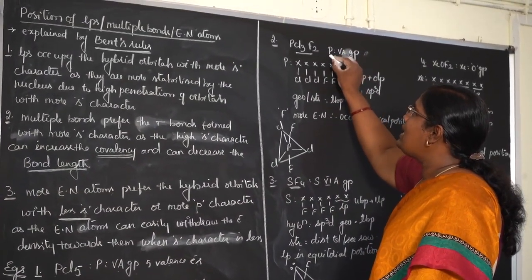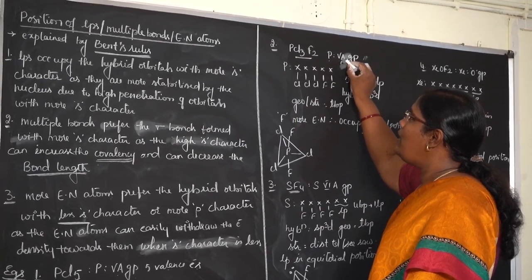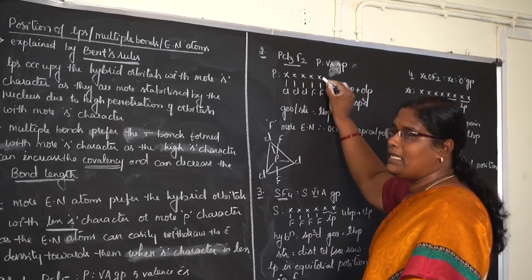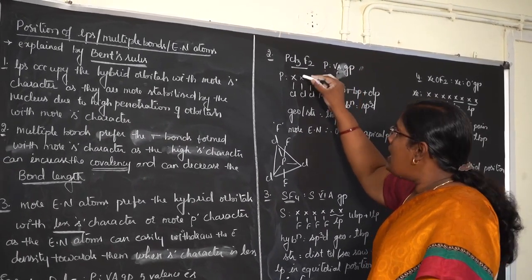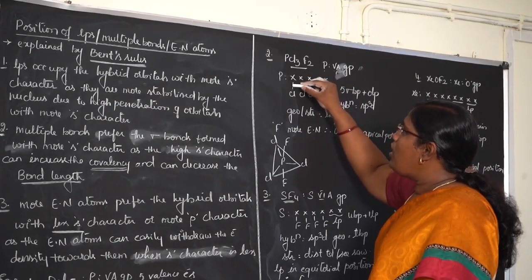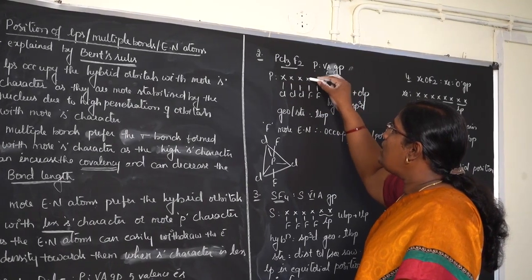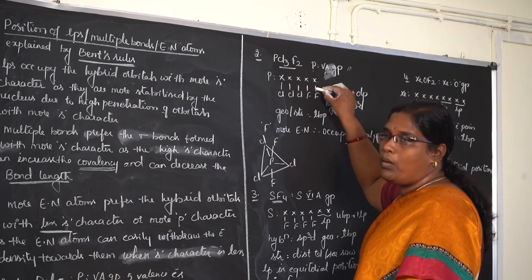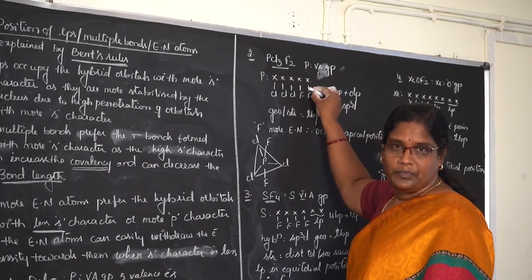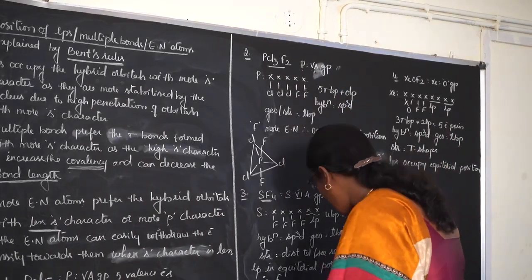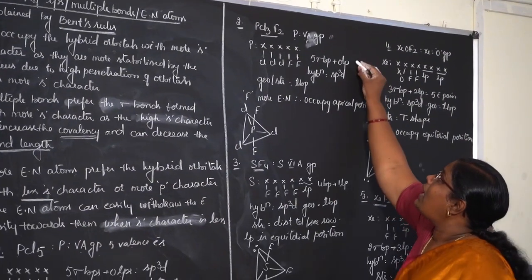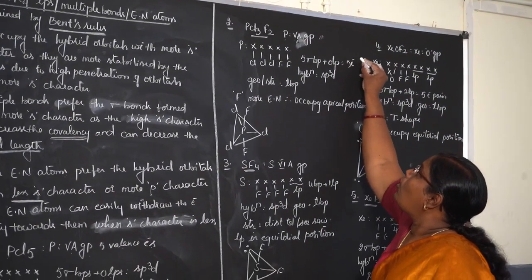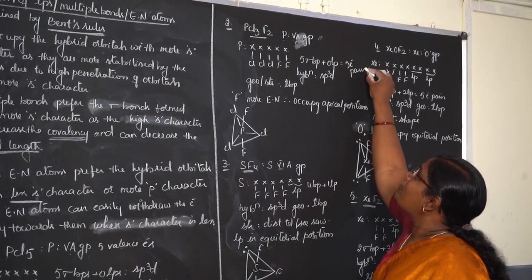Now, when I take PCl3F2, the central atom is phosphorus, a fifth group element, so we take 5 valence electrons. 3 electrons form sigma bonds with chlorine. 2 electrons form sigma bonds with fluorine. So the total number of electron pairs is 5.